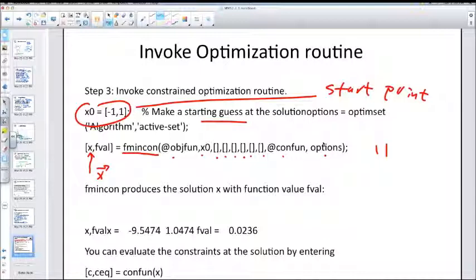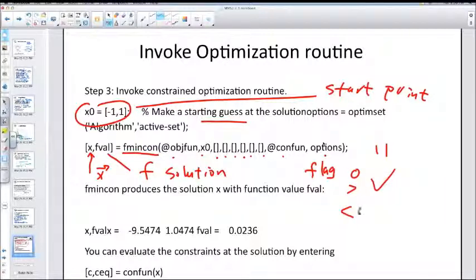That's the design variable. And the f, that's the objective solution. So in the output, they have a flag to tell you right or wrong. Usually 0 and positive is right. Negative is wrong.